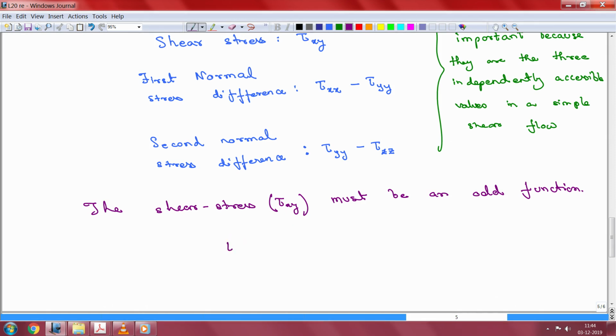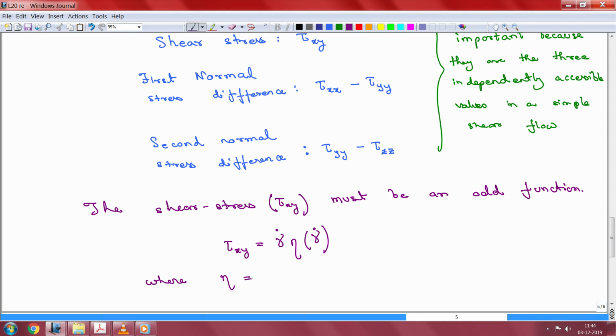So, maybe we can write this tau xy as some eta times gamma dot. This gamma dot is the shear rate, and you have some eta which is a function of gamma dot, right. When we write gamma dot in the bracket, it means that eta is a function of gamma dot.